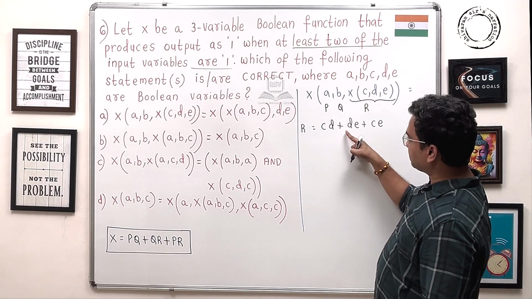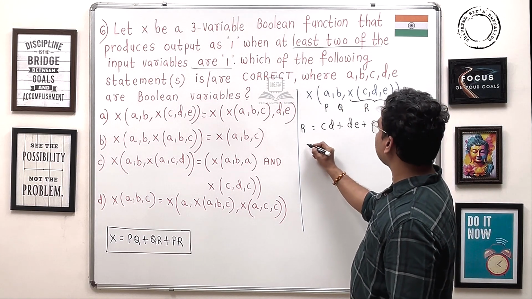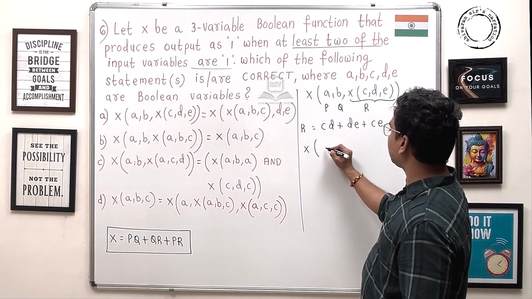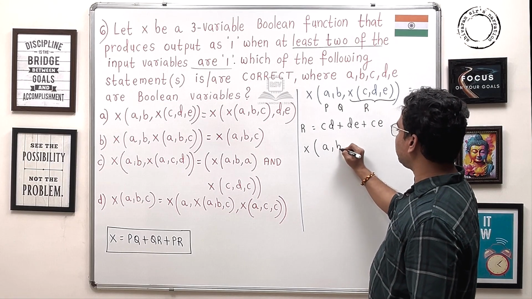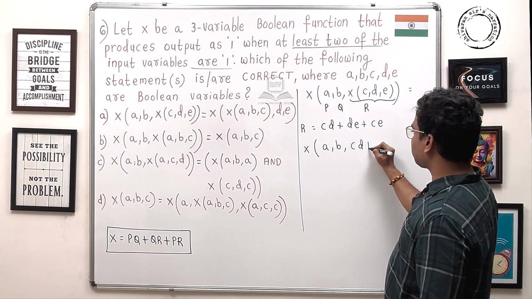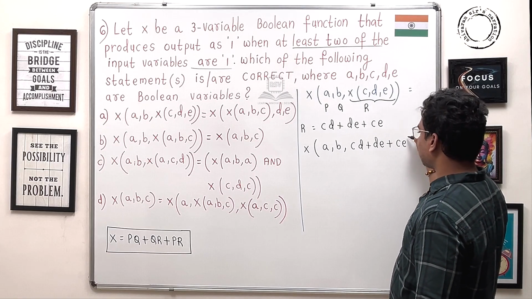Now you substitute here. Therefore, you get X of A comma B comma CD plus DE plus CE.